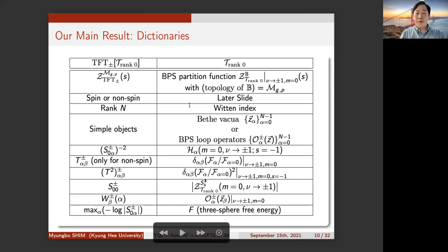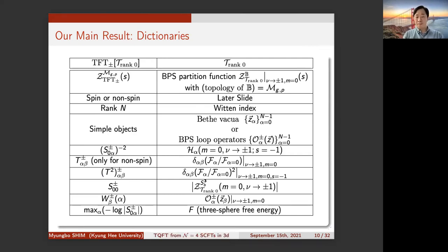First of all, this first line tells us that the topological field theory has the same partition function, which is obtained from the supersymmetric partition function in the degenerate limit. Except for the last one, the rest of the dictionary will be explained in later slides.